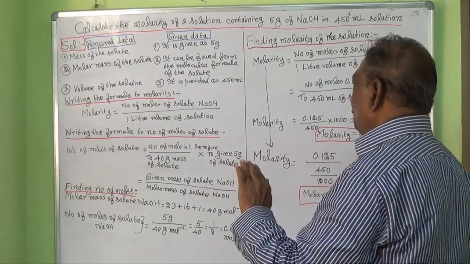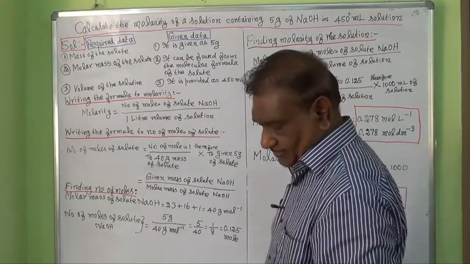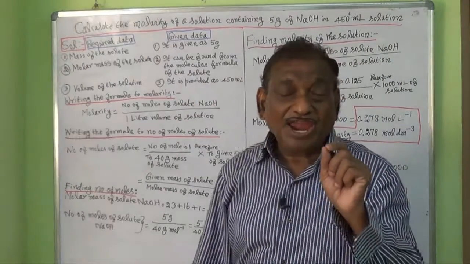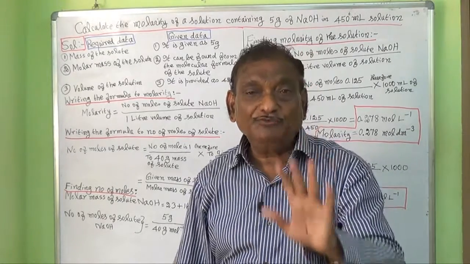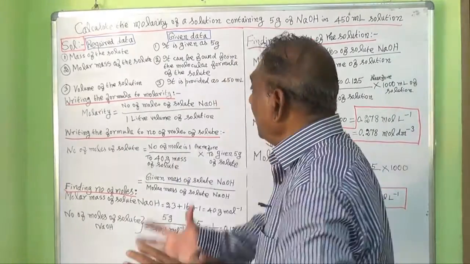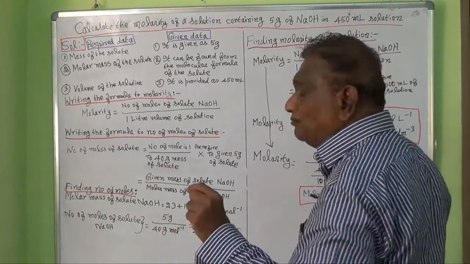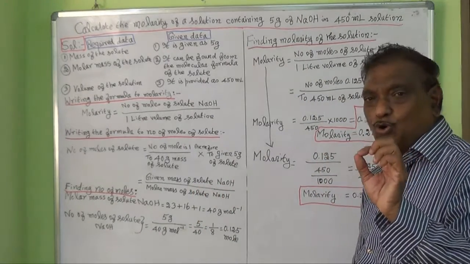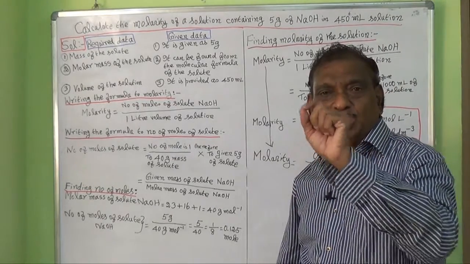Then coming to finding the molarity of the solution. To find the molarity of the solution, here also we have to write the formula for the molarity of the solution again. The molarity of the solution equal to number of moles of solute sodium hydroxide by 1 liter volume of the solution.